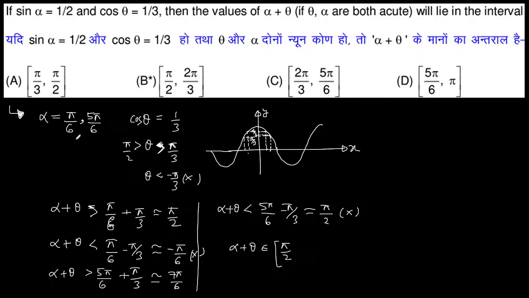So pi by 2 plus pi by 6 is what? We'll reject this one also because it is acute. So we have only this valid.